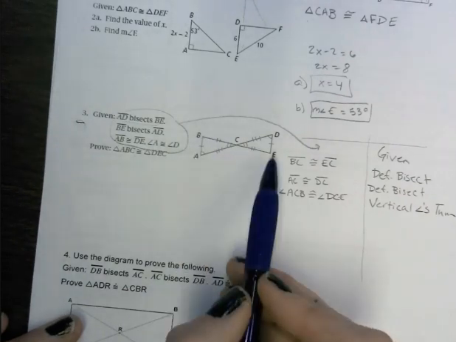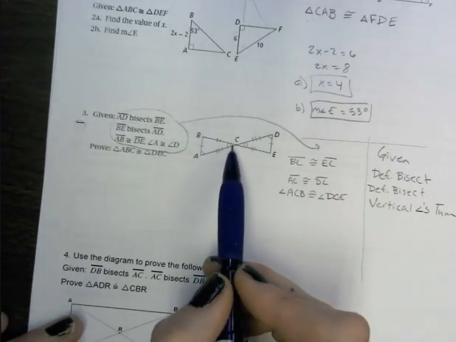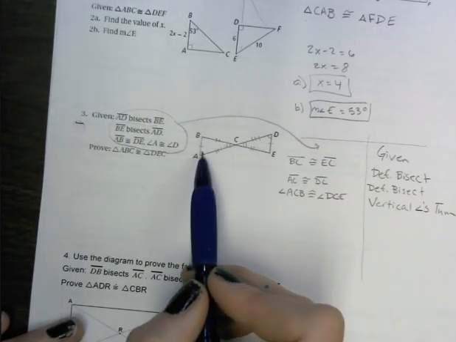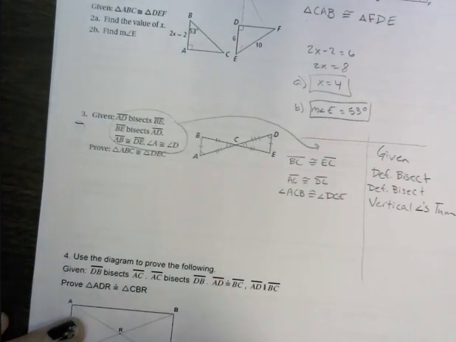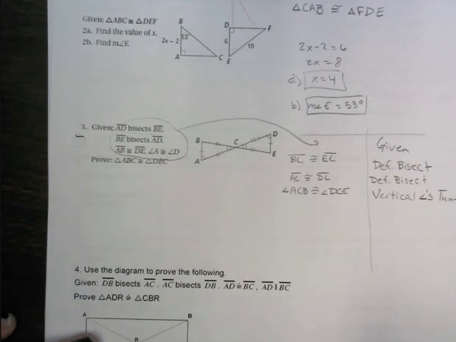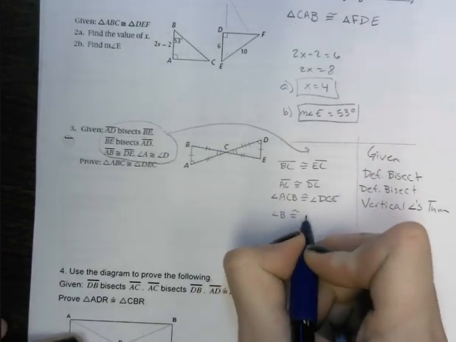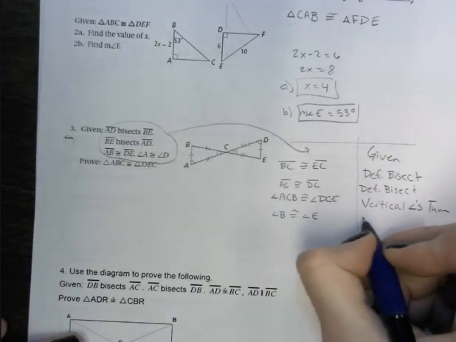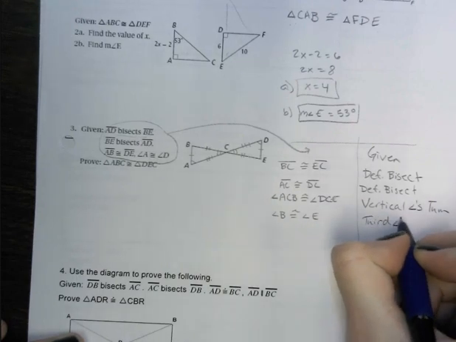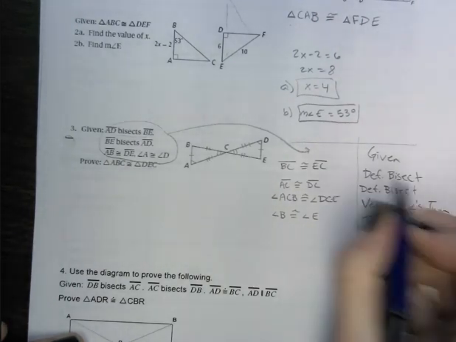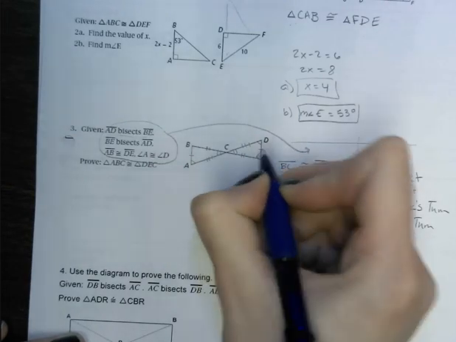I just need this third pair of angles. Well, remember from 4.2, if I have 2 pairs of angles that are congruent, that automatically makes the third one congruent. So I can say that angle B is congruent to angle E by the third angles theorem. Okay, and I'm going to add those last little congruency markings there.